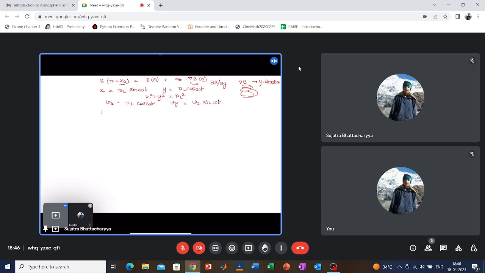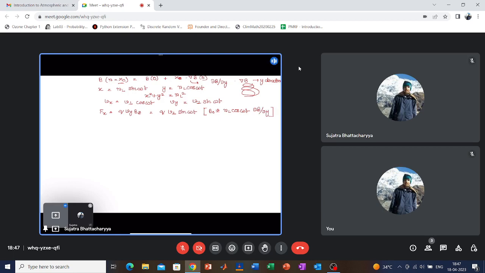Therefore, F_x will be equal to q V_y B_z, because the magnetic field is only in the z direction. Further, it will be q V perpendicular sin omega t into B naught plus minus R_L cos omega t into delta B by delta y.